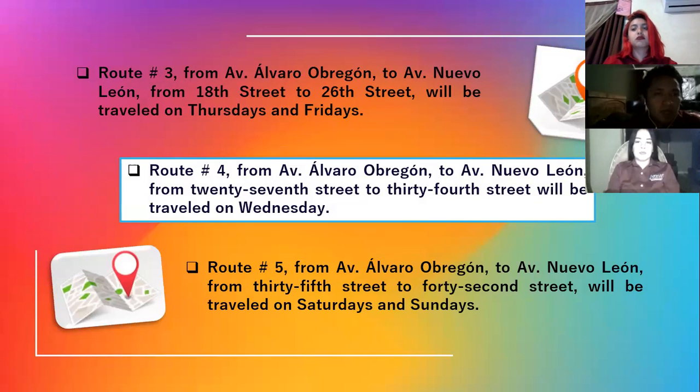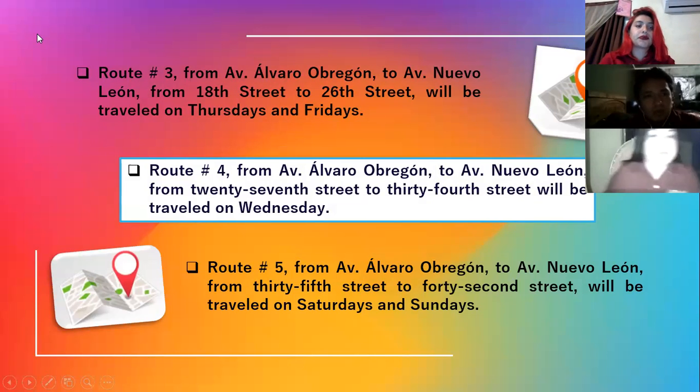Route 3, from Álvaro Obregón Avenue to Nuevo León Avenue, from 18th Street to 26th Street, will be traveled on Thursday and Friday. Route 4, from Álvaro Obregón Avenue to Nuevo León Avenue, from 27th Street to 34th Street, will be traveled on Wednesday.